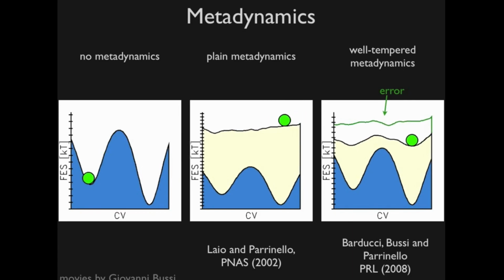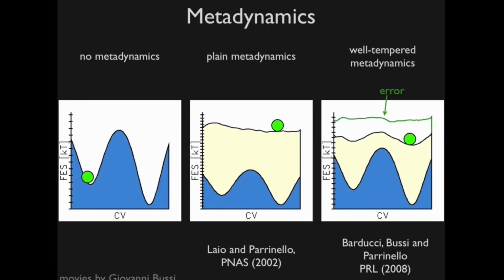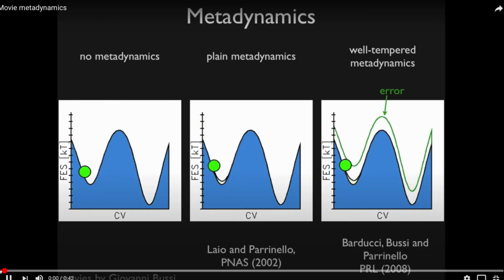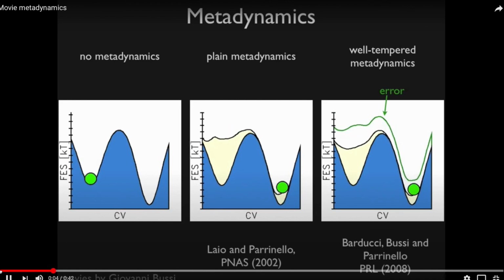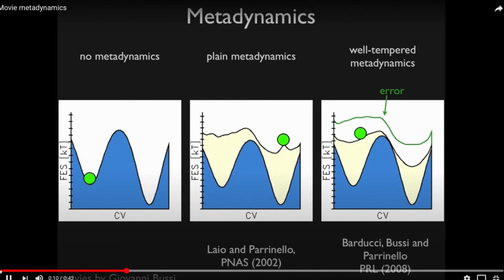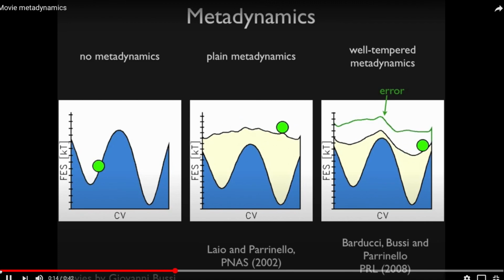On top of that, however, you can appreciate the different behavior of the bias potential that is being deposited over time. In standard metadynamics, the system keeps evolving until it reaches this limit in which the bias is not converged, but it's stationary. Basically, it's evolving modulo constant.